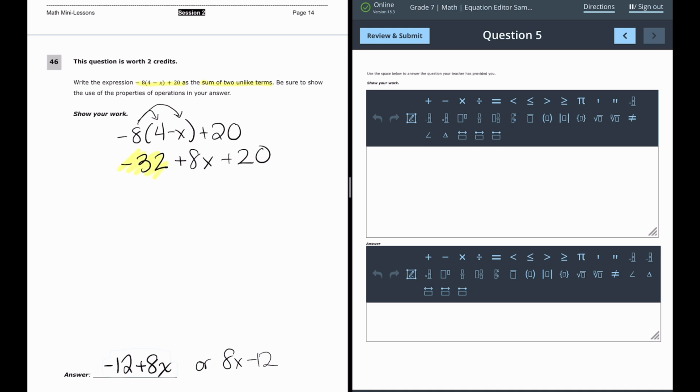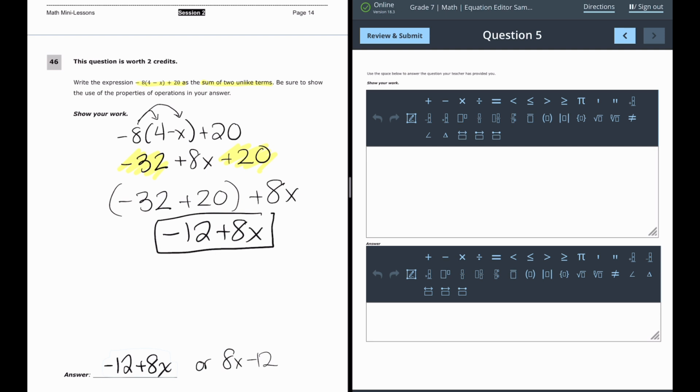I know these are my like terms, so I like to put them next to each other. And now I can simplify those. Negative 32 plus 20, I'm going to get negative 12 plus 8x. Done.